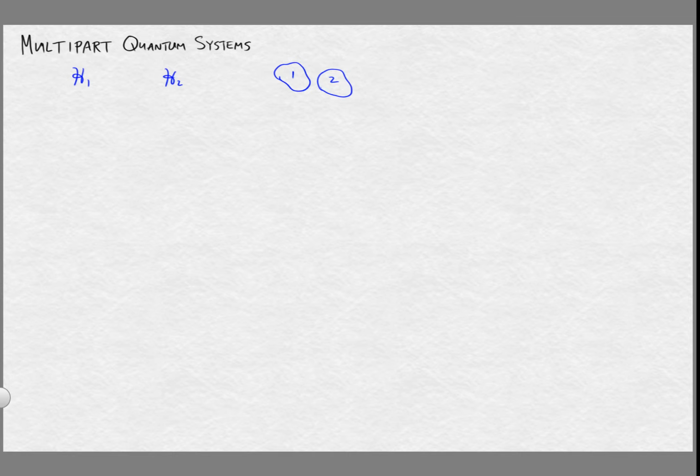And so what we're going to assume is that we have some basis for the first one, and the basis elements are going to be labeled by n, and we have some basis for the second one, and I'll use capital N to label the basis states of that system.